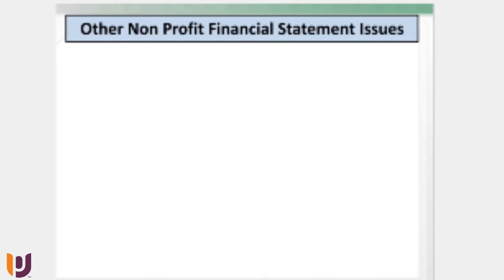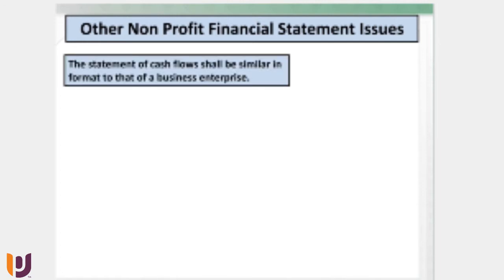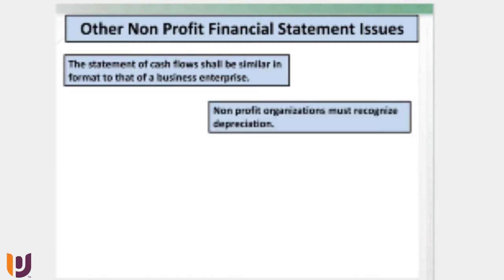Here are a couple of additional points related to the financial statements of nonprofit organizations. The statement of cash flows shall be similar in format to that of a business enterprise. Nonprofit organizations must recognize depreciation.